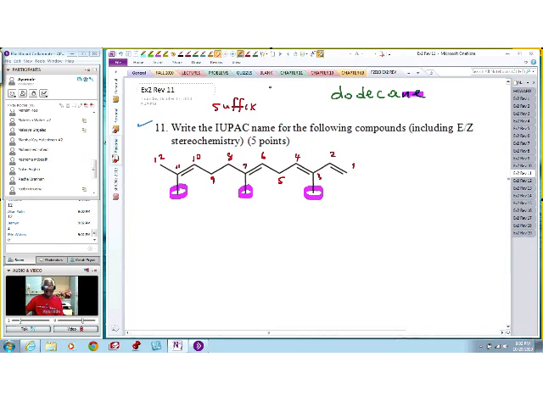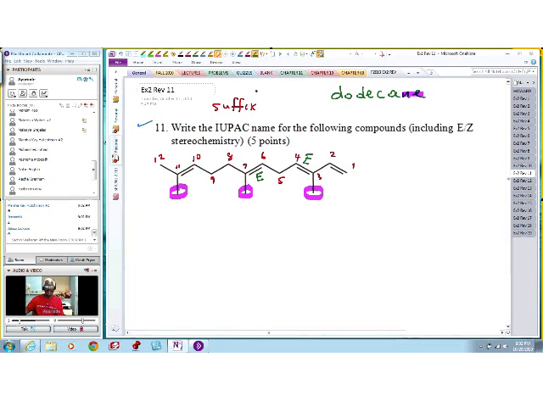Okay, that is E. That is correct. How about the double bond between 6 and 7? Is it E or Z? Okay, we have this here, and then we have this here. Very good. That is also E. Okay, so we don't need to worry about the double bond in position number 10.